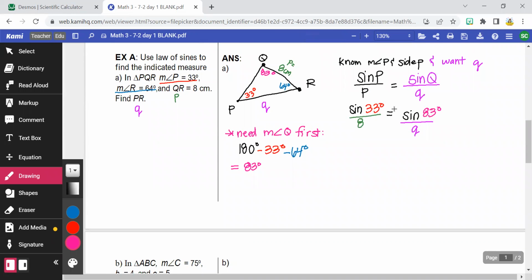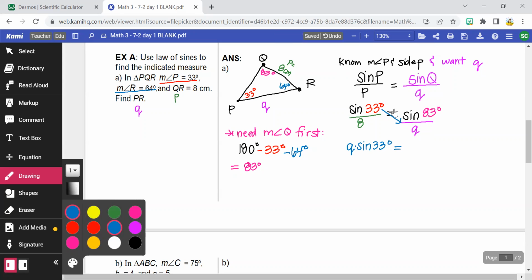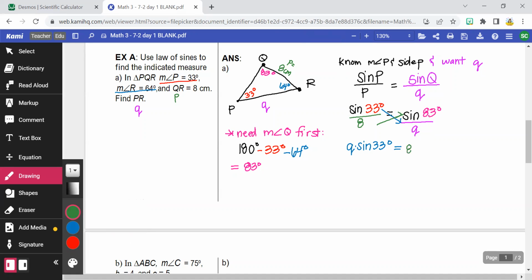So what we're going to do to solve is we're always going to cross multiply. So if I cross multiply, I'm going to multiply Q times sine of 33. And I'm going to set that equal to, I'm going to multiply 8 times sine of 83. Okay, so I always need to cross multiply to get rid of the fraction.